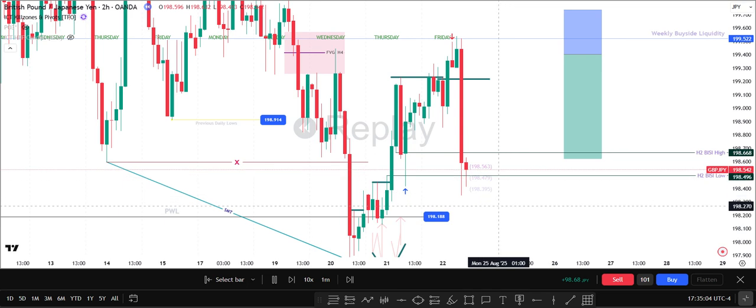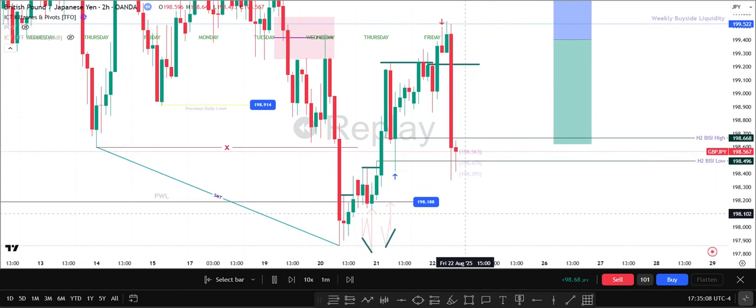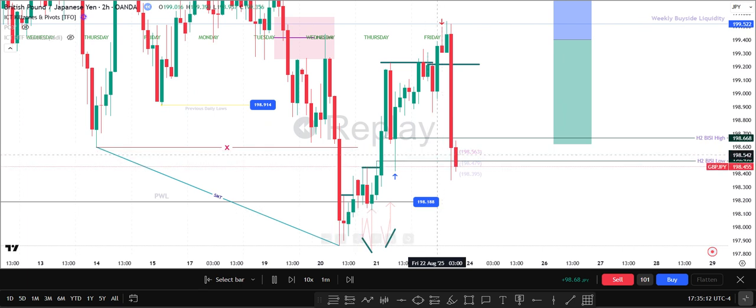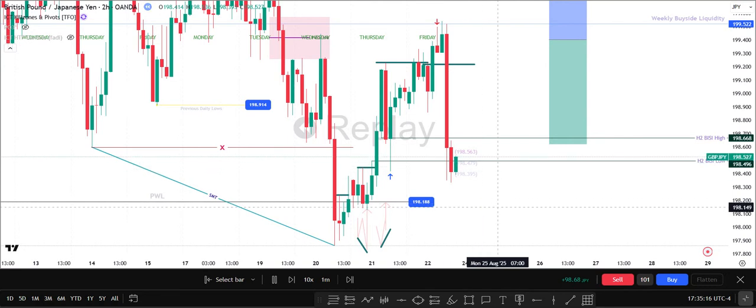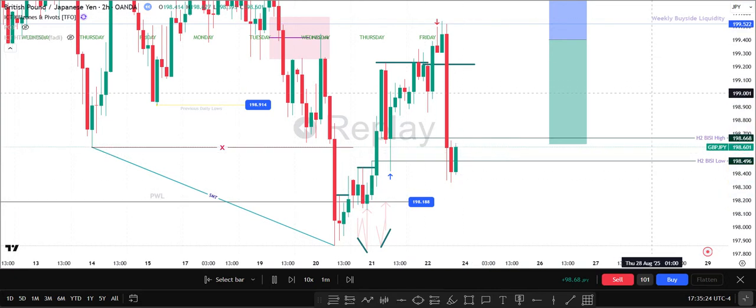Let's see, would it have taken you out? Not really. Still would not have taken you out because your low was here. See, that was just a re-entry of the original entry. So yeah, that is it.